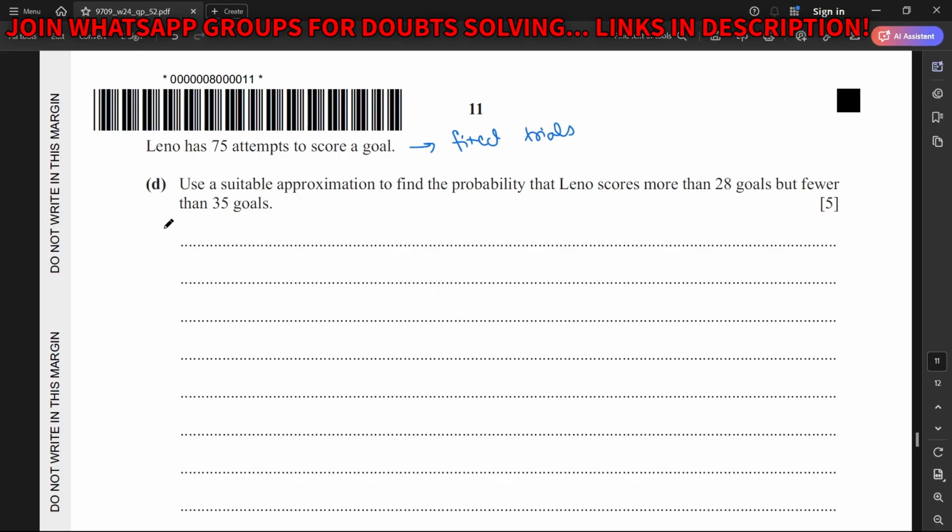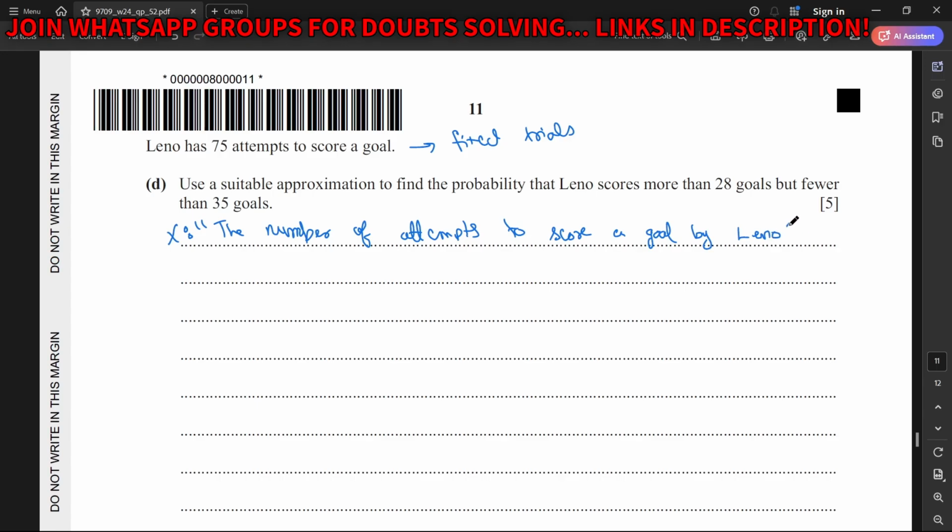So first of all, I can say that X is a random variable, the number of attempts to score a goal by Leno.